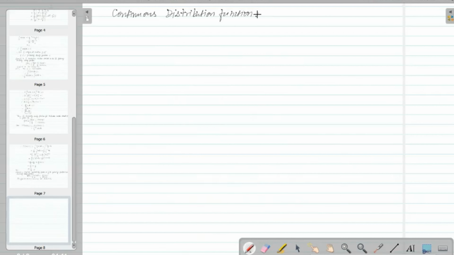Under this we write, if capital X is a continuous random variable, then what happens?